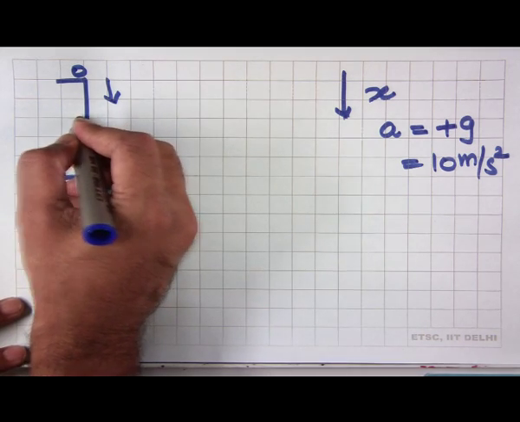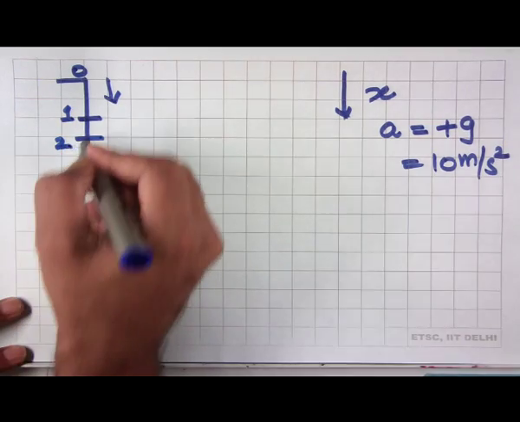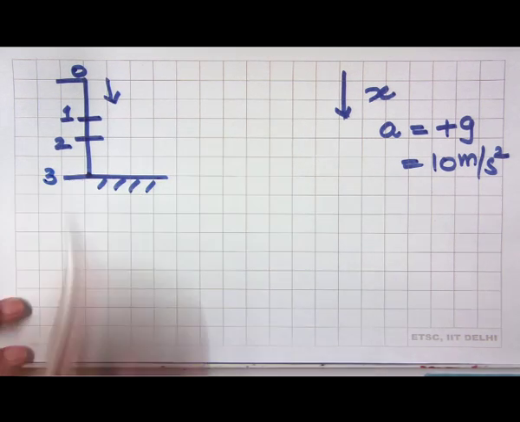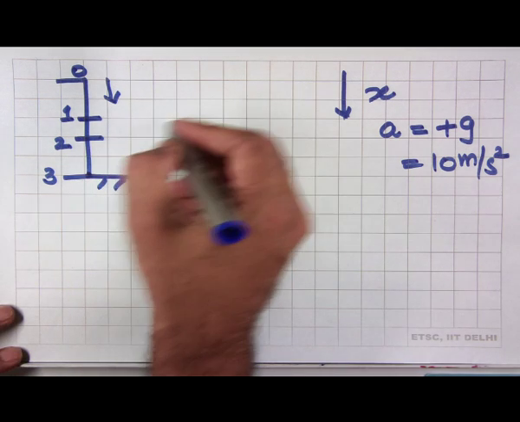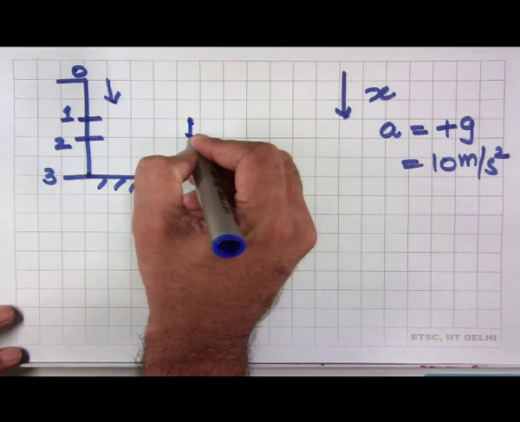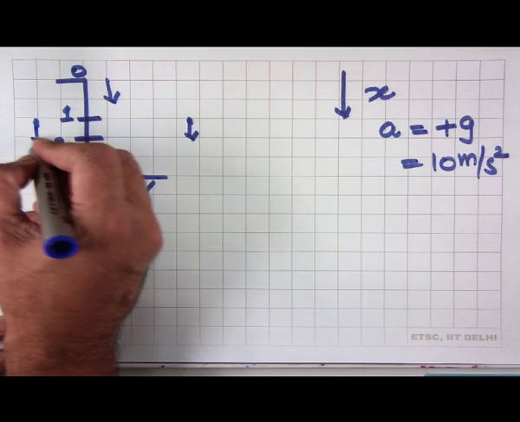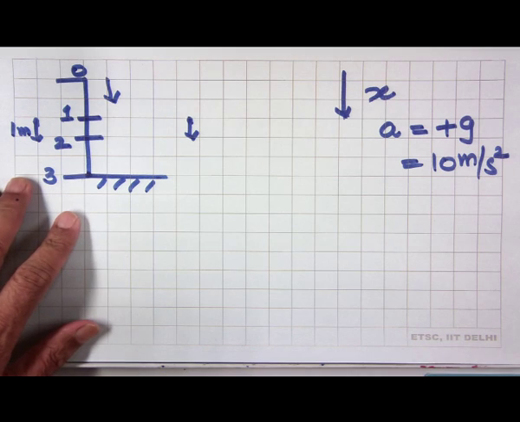Let the position at the top of the window be 1, let the position at the bottom of the window be 2, and let the ground position be indicated by 3. Now, what is given to us is that this distance from 1 to 2 is 100 centimeters, which is equal to 1 meter.